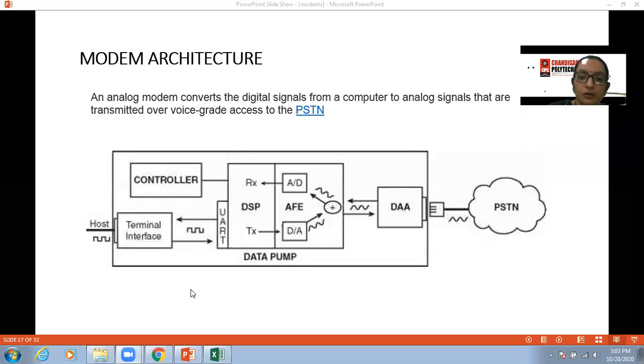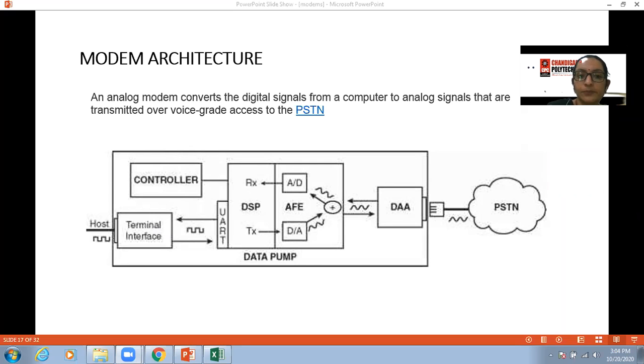In this, there are different blocks: controller, terminal interface, UART, receiver, transmitter, DSP, AFE, and DAA. And at the last, the signal goes to the PSTN. Let us study the different blocks.